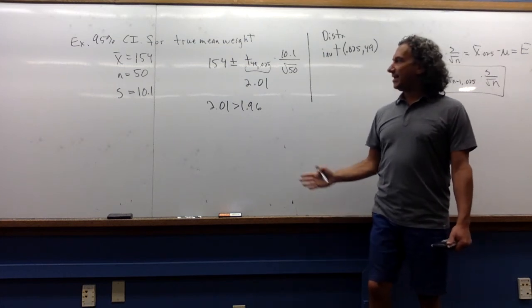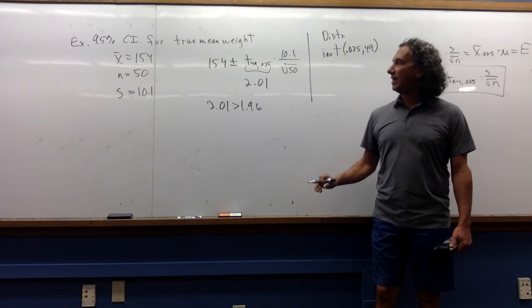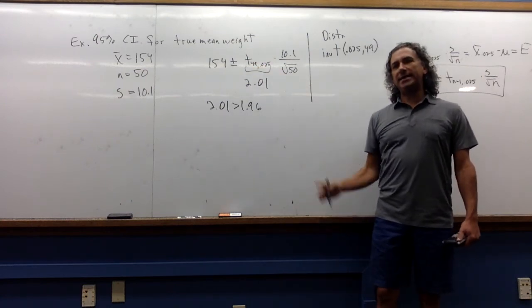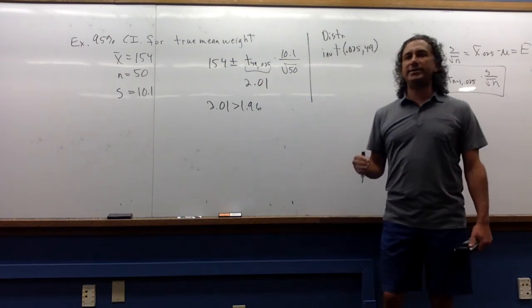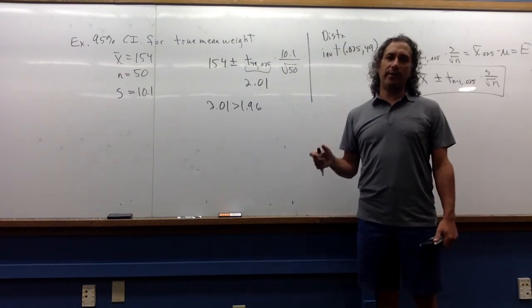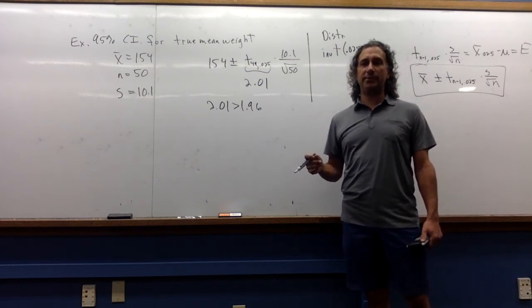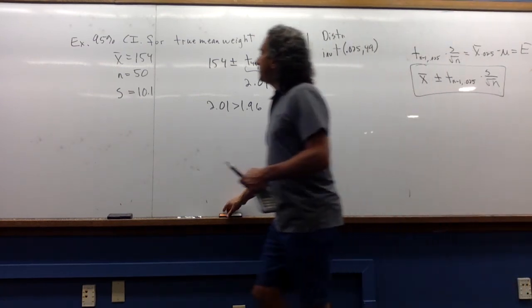With that said, 2.01, 1.96, crazy close already with only 49 degrees of freedom. I said as n approaches infinity, this guy's going to approach the standard normal, but the truth of the matter is it approaches very, very quickly. So there's not actually going to be that much of a difference between the two intervals. Okay, so that's what you do there.